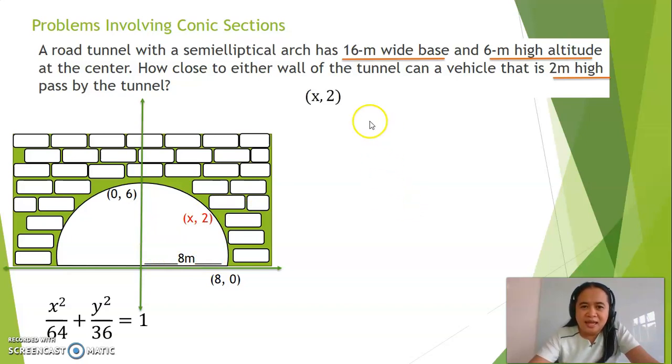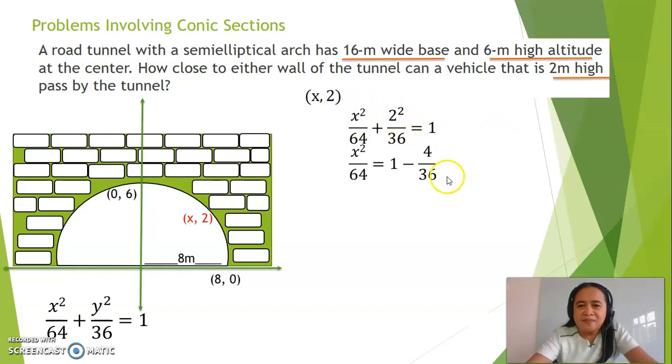Using that, y is 2, and substituting in this standard equation, we will have x squared over 64 plus 2 squared over 36 equals 1. Transfer this to the other side. 4 over 36 is basically 1 over 9. Distribute 64 to the terms inside.